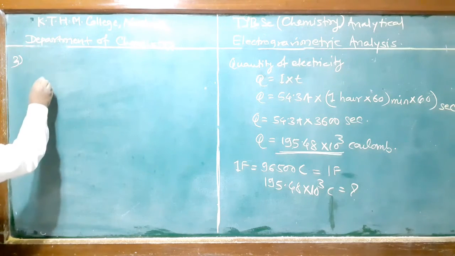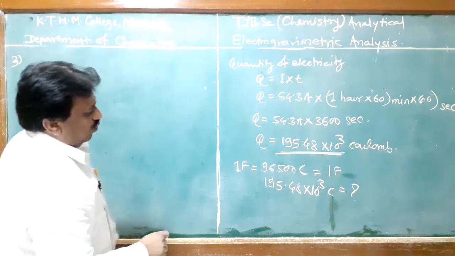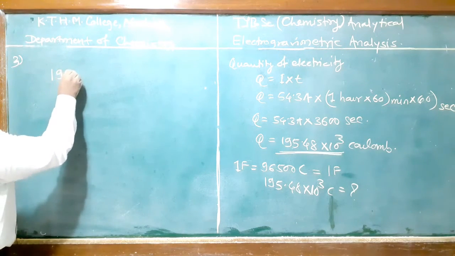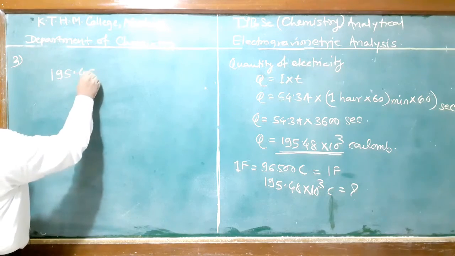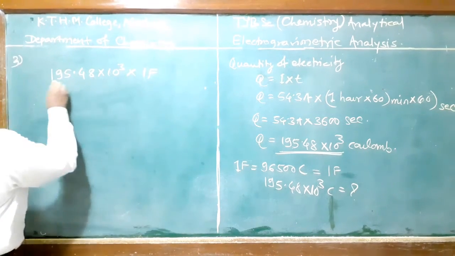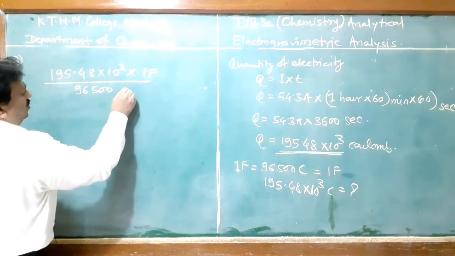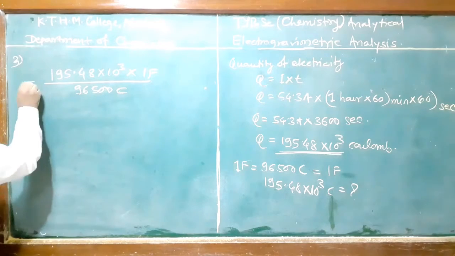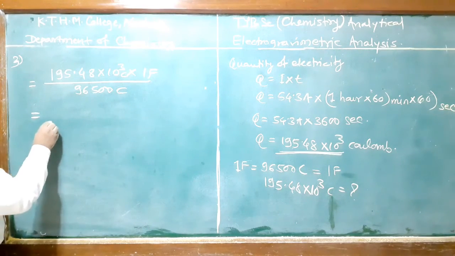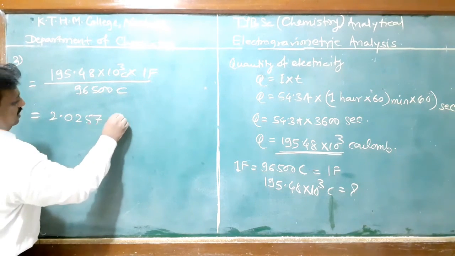Therefore, number of Faraday is equal to 195.48 into 10 raised to 3 into 1 Faraday divided by 96500 Coulomb. This is also a Coulomb, and therefore finally when we solve this, this becomes 2.0257 Faraday.